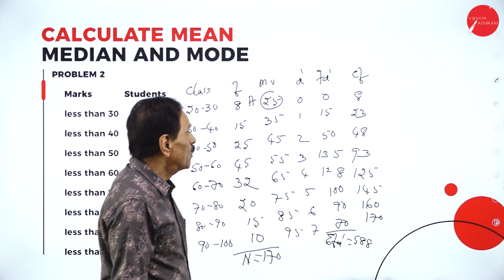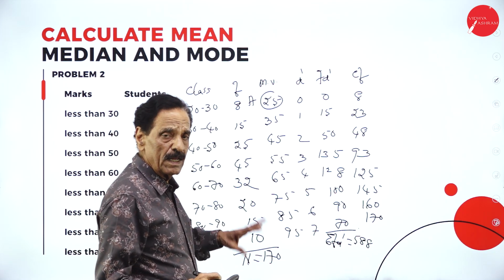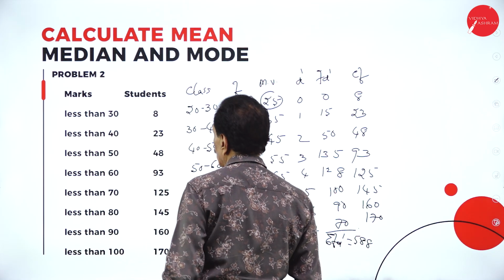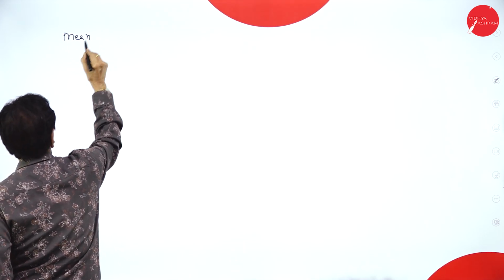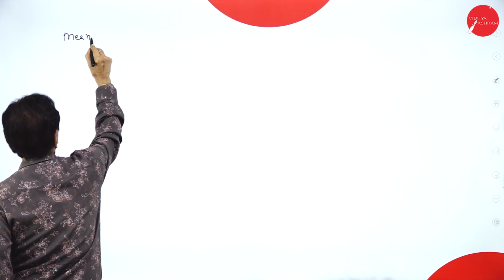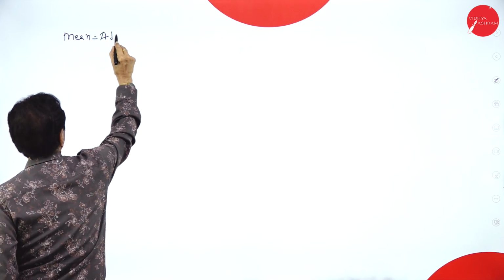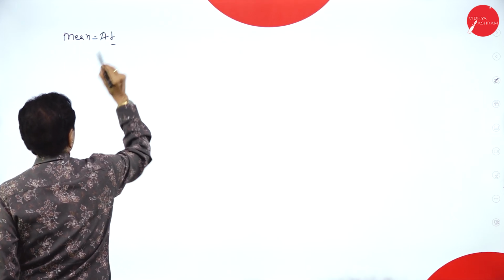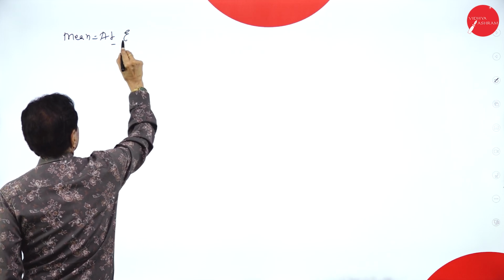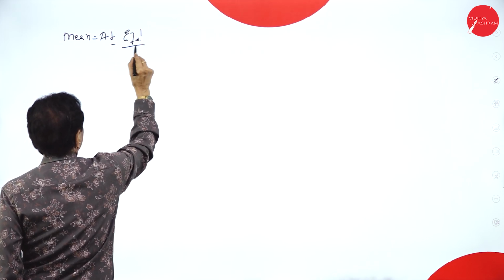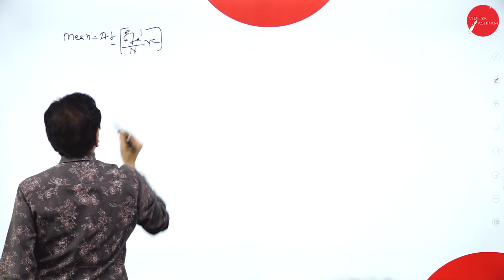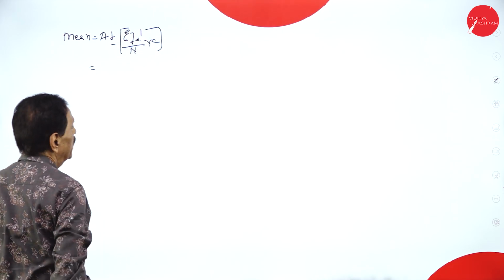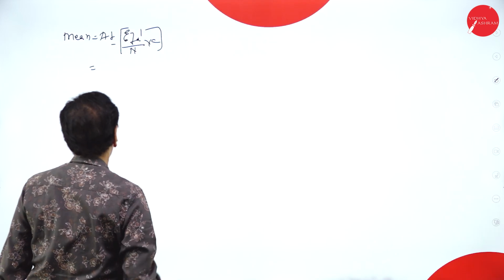Okay. Now, we have to go with the mean, median, and mode. Slowly we'll go. Here we'll start here. Mean is equal to A plus or minus sigma ft dash divided by n into C. What is your assumed mean here? 25.